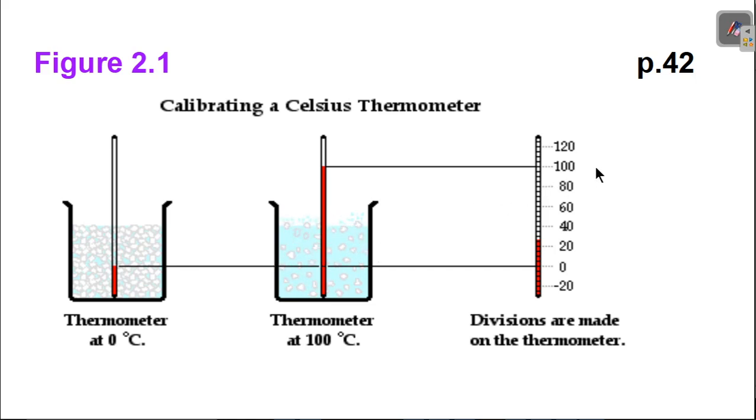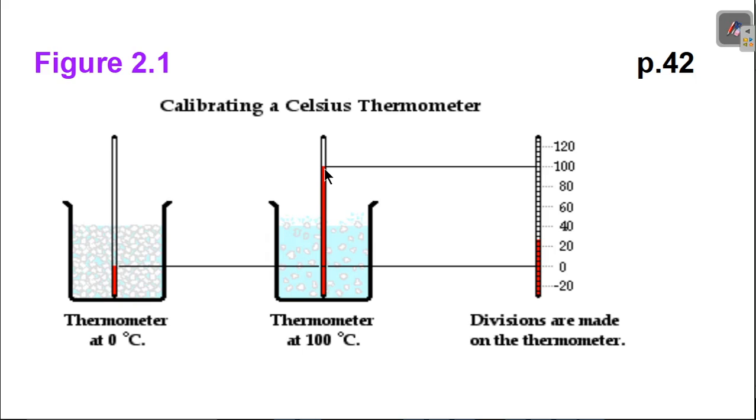Boiling water means 100 degrees. Water boils at 100 degrees Celsius, okay? And you wait until the alcohol doesn't move anymore. The dyed alcohol here, red, stops moving. When it reaches this stop, it doesn't move anymore. You know that has to be the 100 degrees because the energy is being transferred from the water to the glass, from the glass to the molecules of the alcohol, and they are expanding up.